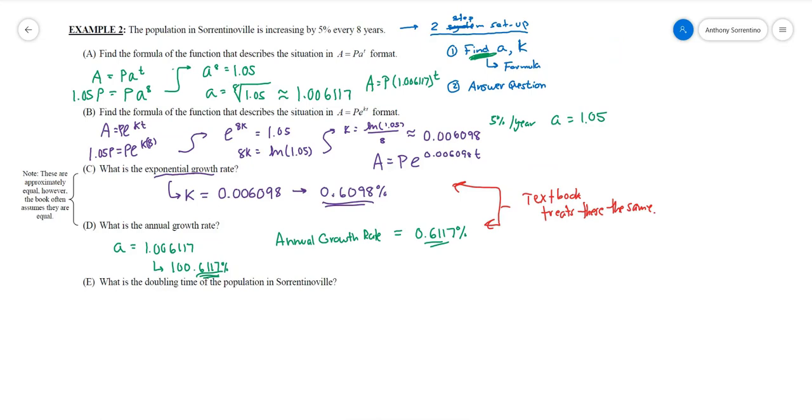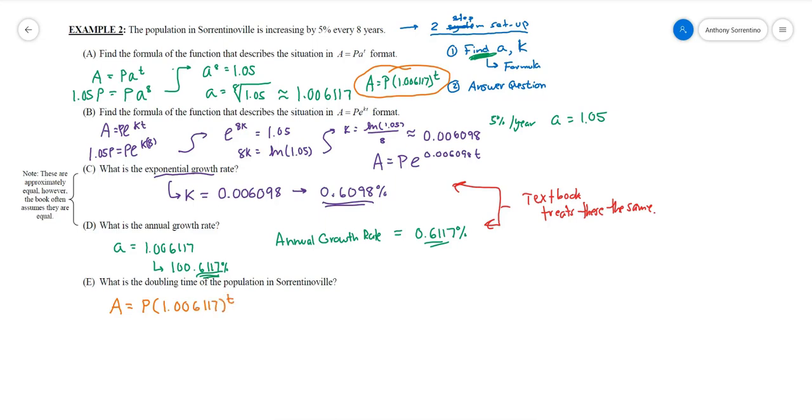As I work on this doubling time, I'm going to be showing you how to do this using either of the equations, because in both cases, I've already found a good formula to use. I have A equals P times a to the T format, so I could use A equals P times 1.006117 to the T power.